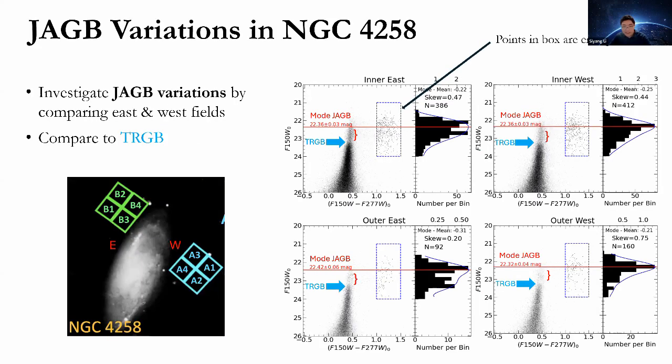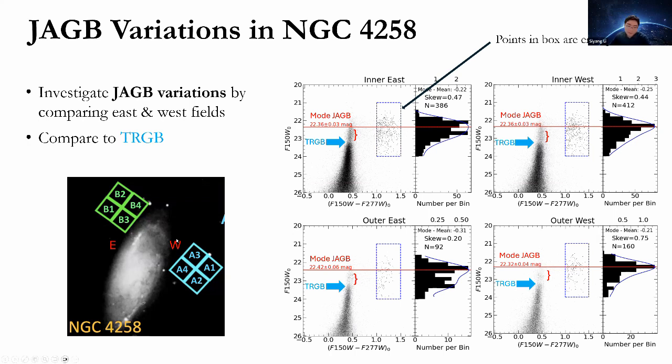And so we first looked at this in NGC 4258. Here we have 2 different fields: the east field and the west field. East is on the left, and that corresponds to the B modules. And then west is on the right, and that corresponds to the A modules. Those correspond to the cameras on JWST.